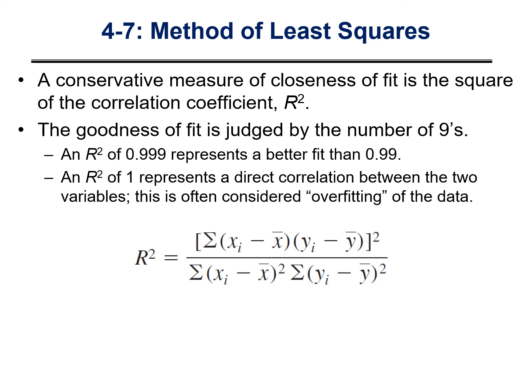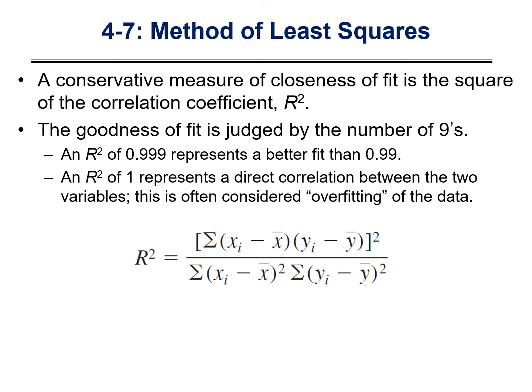So essentially, however close your line of best fit is to a true line is going to be what R squared represents. The goodness of fit is judged by the number of nines. An R squared of 0.999 represents a better fit than 0.99. And then an R squared of 1 represents a direct correlation between the two variables.